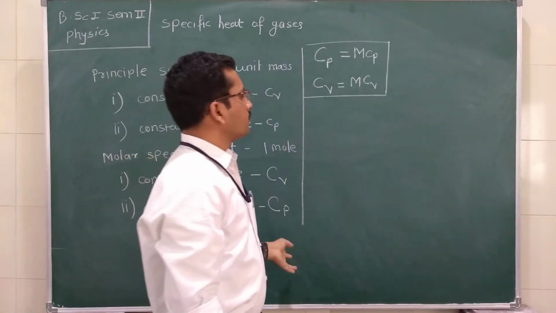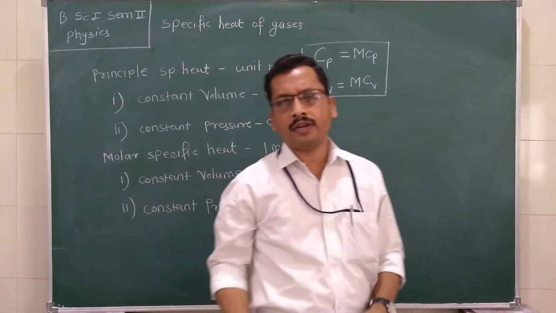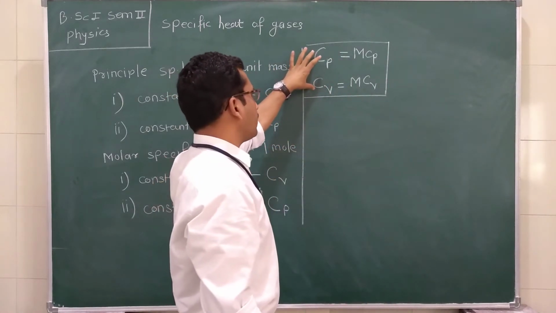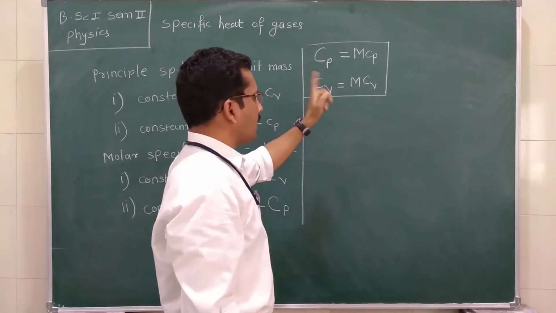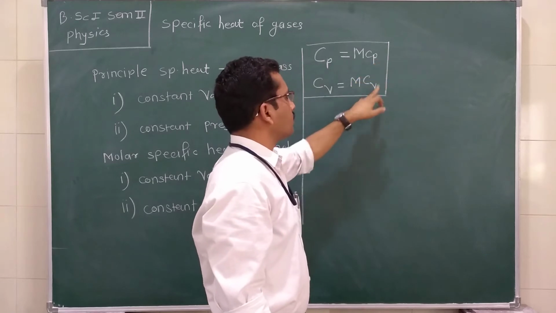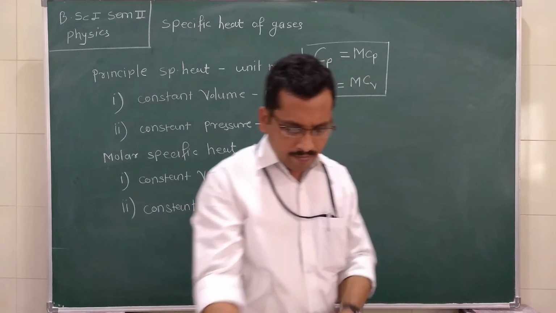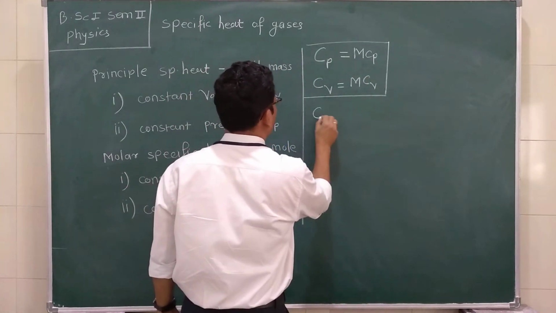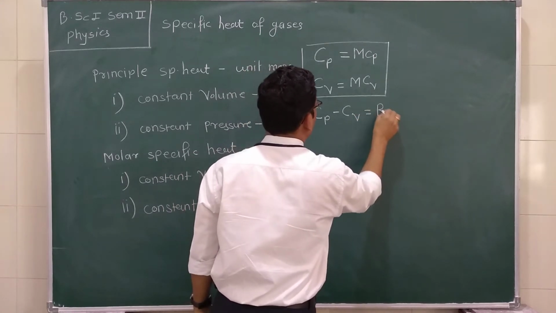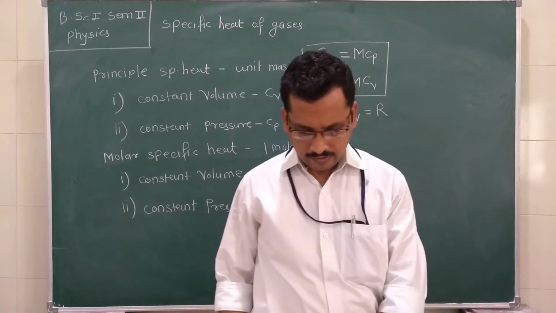Okay, now a relation given by Mayer, between the molar specific heat at constant pressure and volume as well as between the principal specific heat at constant pressure and volume. So what is the relation between them? The relation is Cp minus Cv is equal to R, where this R is nothing but the gas constant.